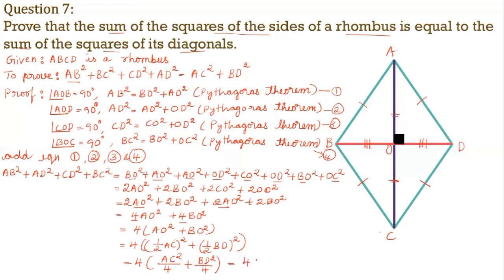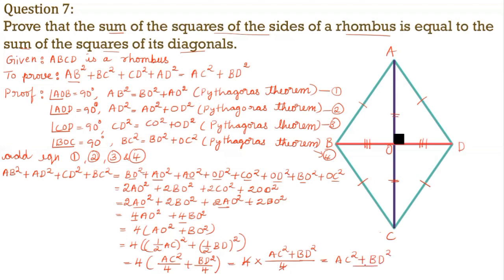That is 4 into, here 4 is the common denominator, so AC square plus BD square by 4. Now 4 cancels, remaining AC square plus BD square.